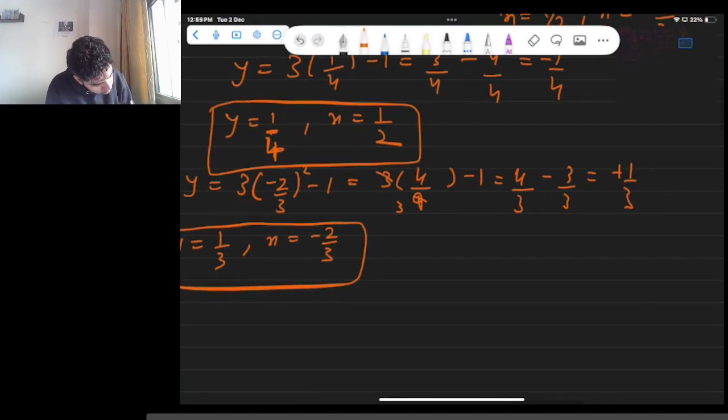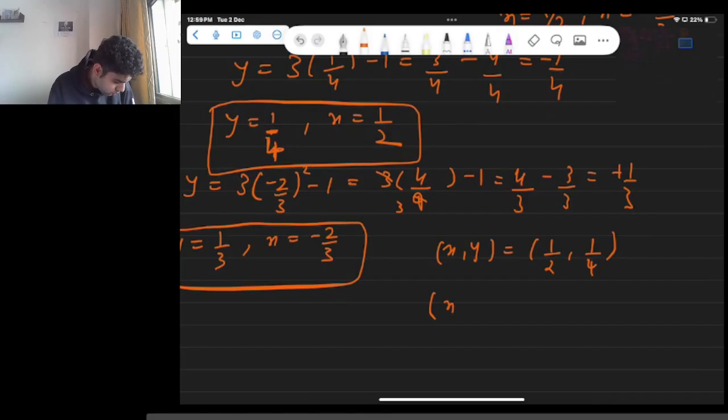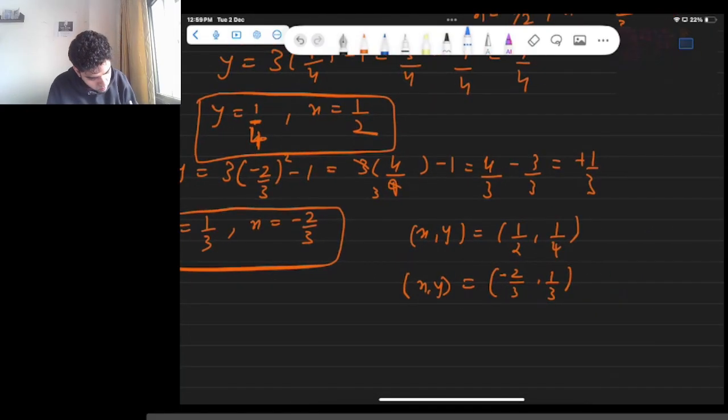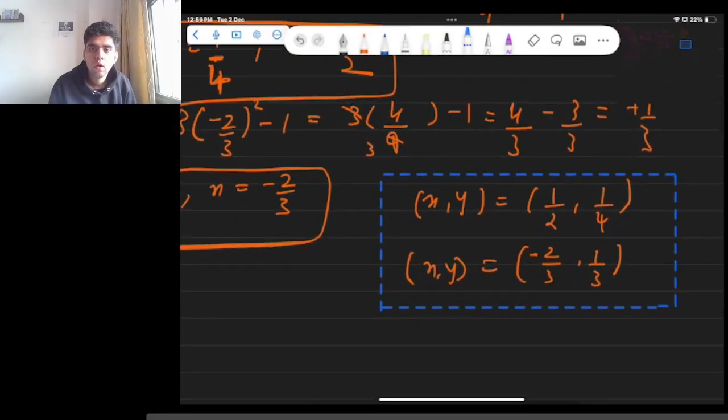So my two stationary points are these. These are my two stationary points.